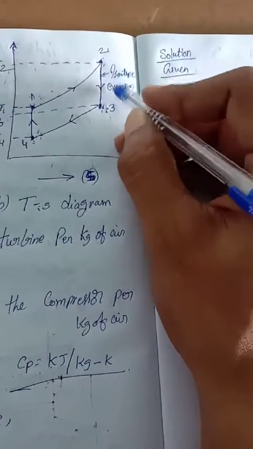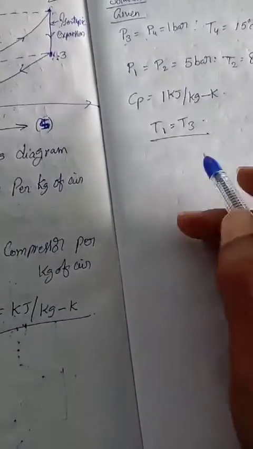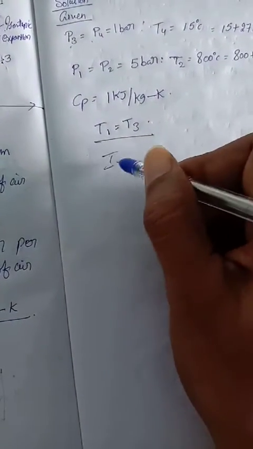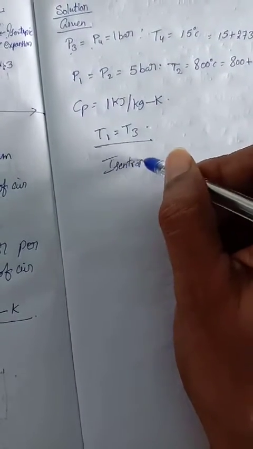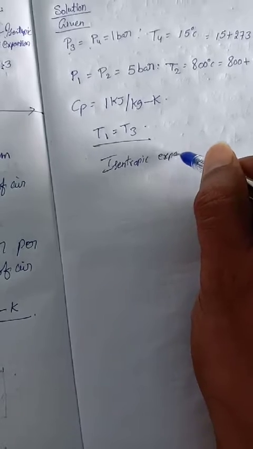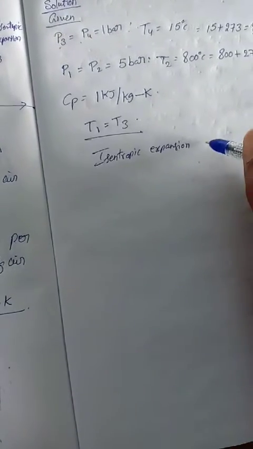Okay, I am going to take this isentropic expansion, 2 to 3.